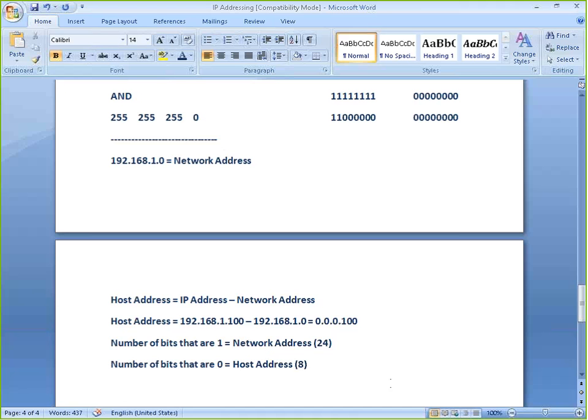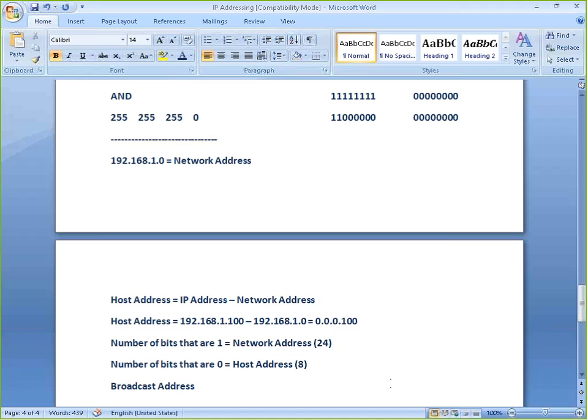Let's now discuss what a broadcast address is. The broadcast address is the last address available within a network address.